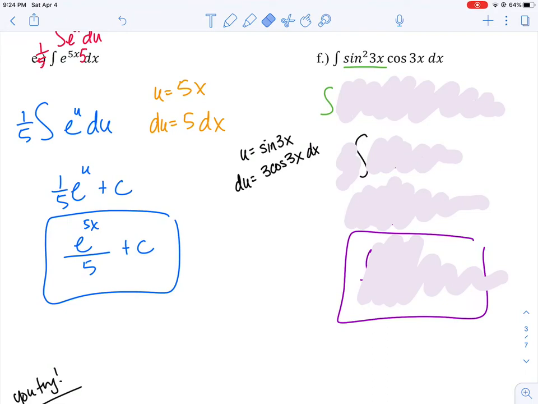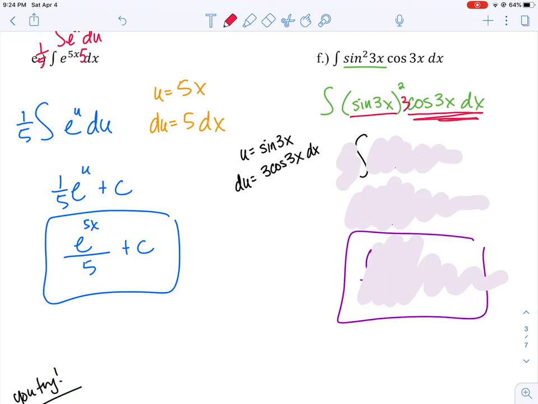And so now I've got to plug in all of my pieces. I'm using my u substitution and substituting things in. When I rewrote it with my sine of 3x squared, I'm going to substitute now this in for u, so I have a u squared, and then I almost have a du over here. It just looks like it's missing that 3.